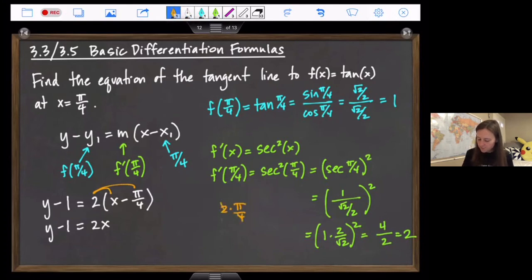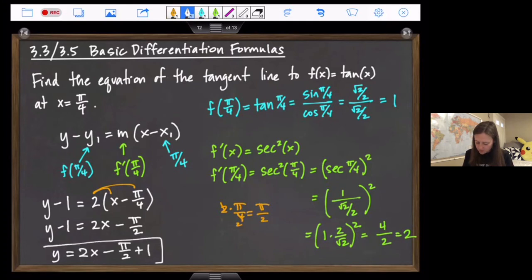The 2 and the 4 are just going to reduce to pi over 2. So I've got 2x minus pi over 2. Now I'm going to add 1 to both sides. It's going to be kind of hard to combine that with the pi over 2. So we'll just say 2x minus pi over 2 plus 1. And that should be our tangent line. Let's go take a look at a tangent line to the tangent graph.